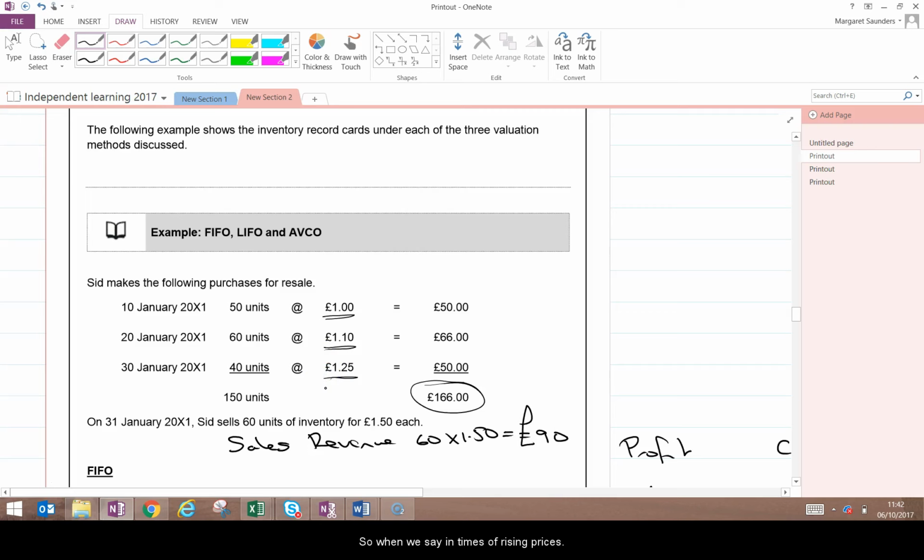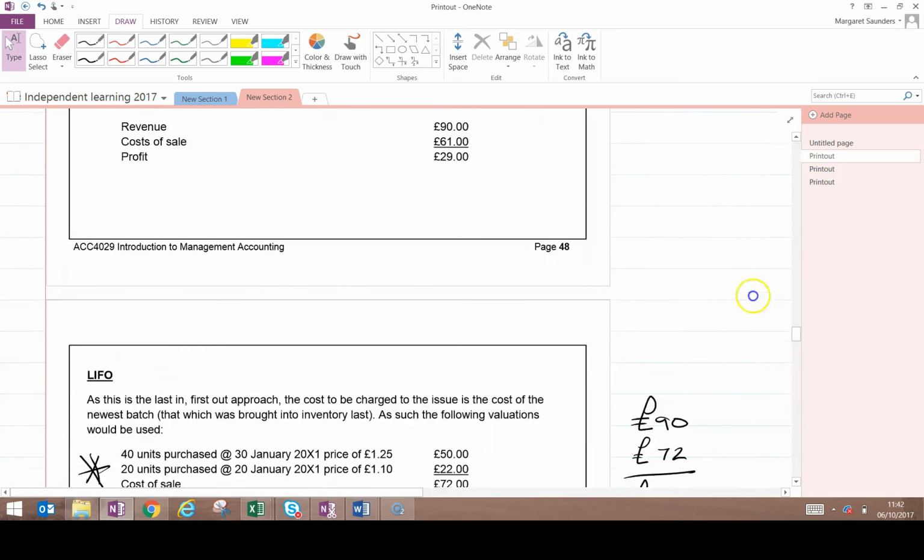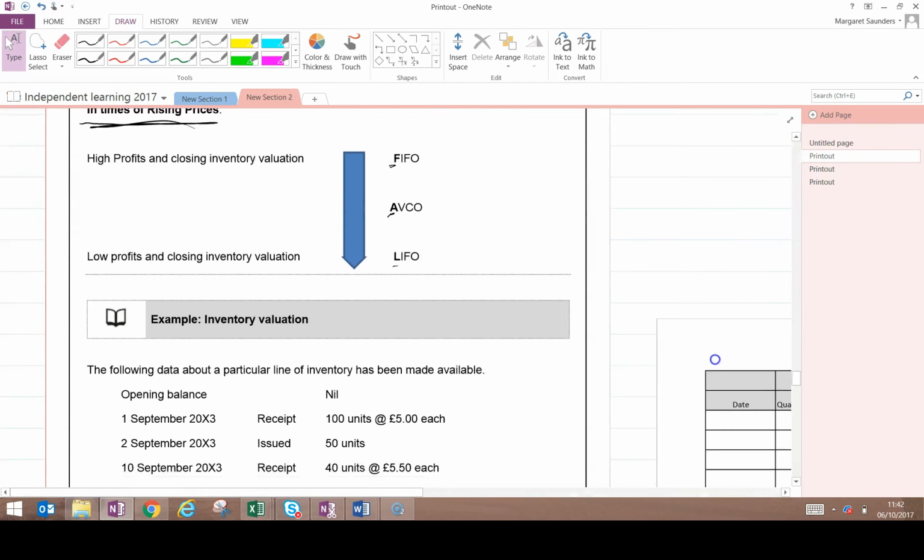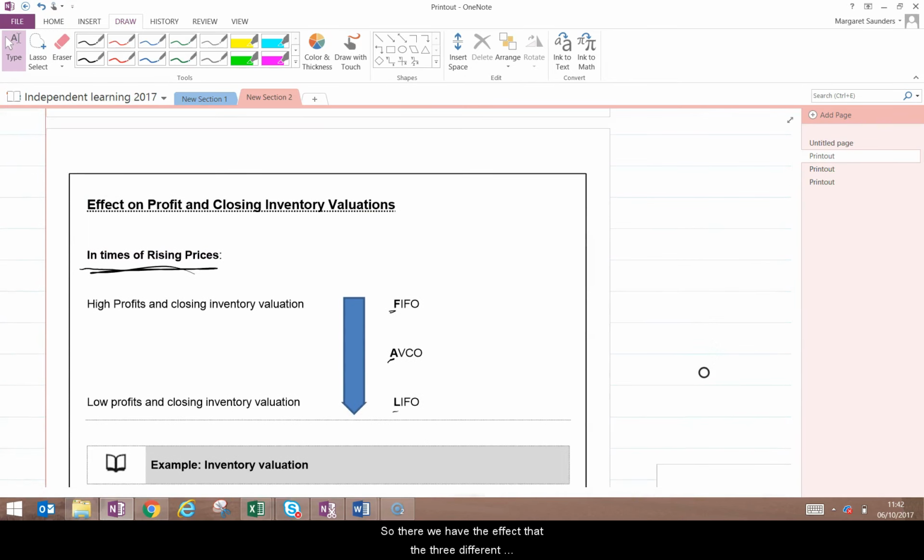So when we say in times of rising prices, that is what we are actually referring to, the price that we are paying to purchase our items. So there we have the effects that the three different methods have on profits and closing inventory valuations. So highest profit, highest closing inventory with FIFO, then AVCO, then LIFO in times of rising prices.